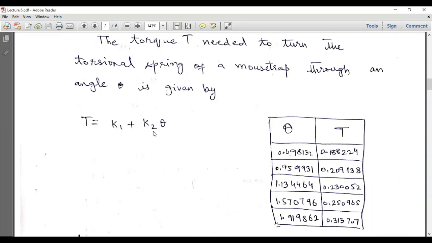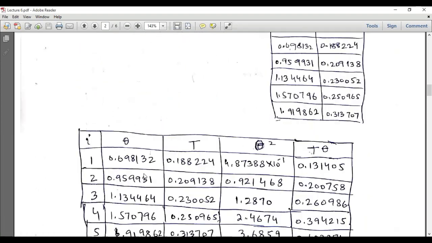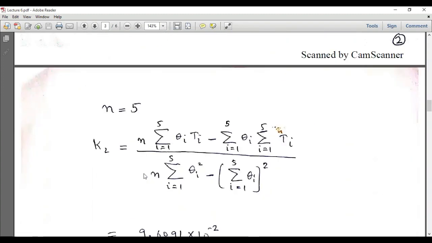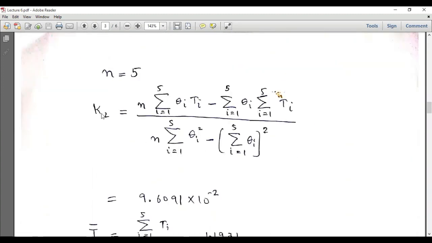And just remember that in the previous derivation, here we had a naught and here we had a1, but now we have k1 over here and k2 over here. So the same expressions will be applied again, and the expression for calculating k2, previously a1, is equal to this equation.